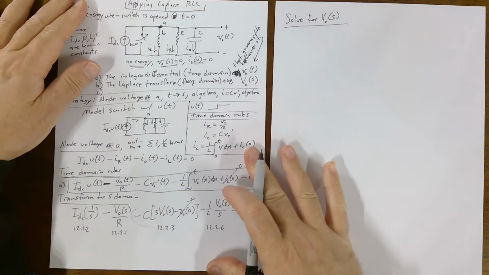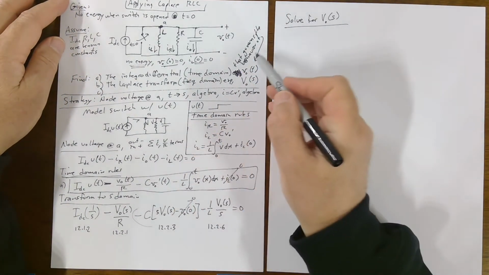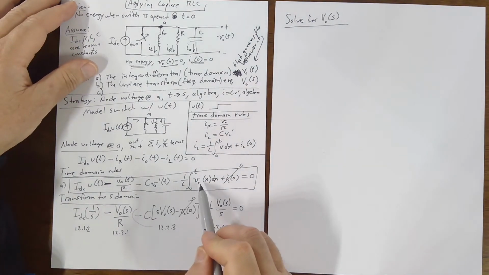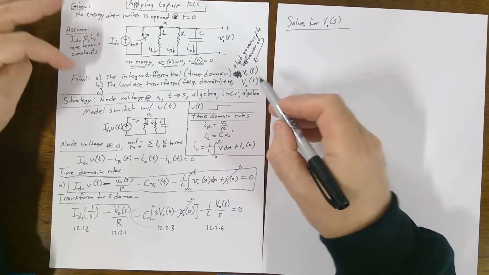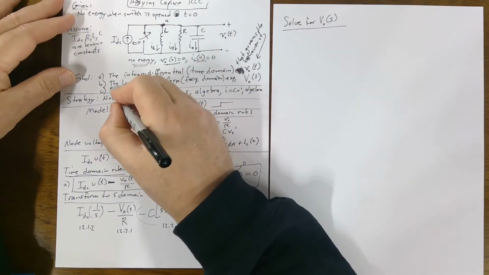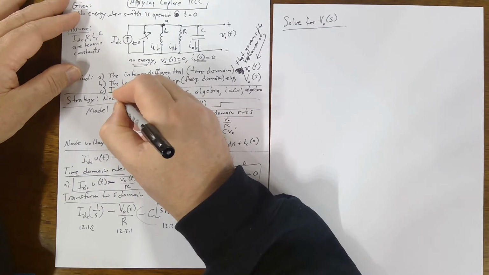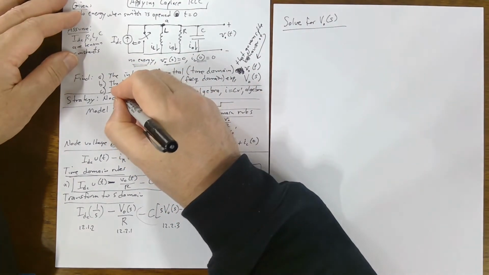They're not trying to say get V0 of t equals, because you can't do that here. You can't isolate V0 of t out of this thing. But you can isolate big V0 of s, which we're going to do. And then the other thing they're asking you to find is I0 of s. That's part C, or IDC of s.